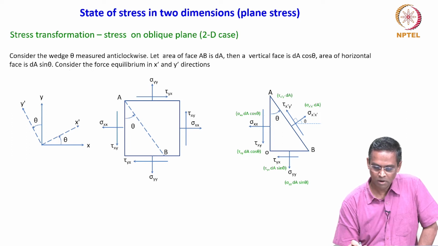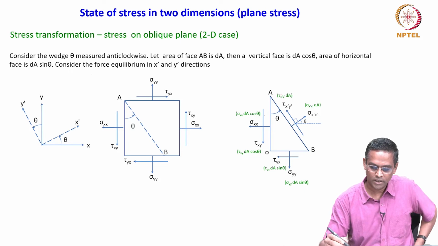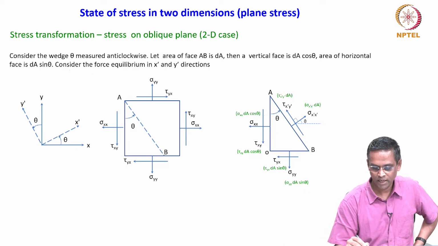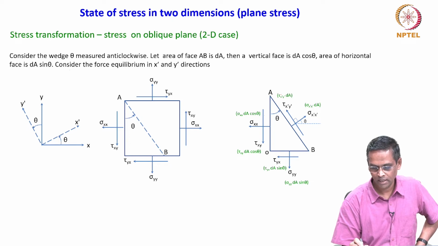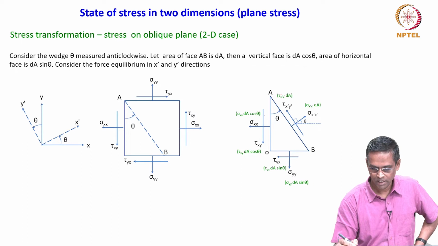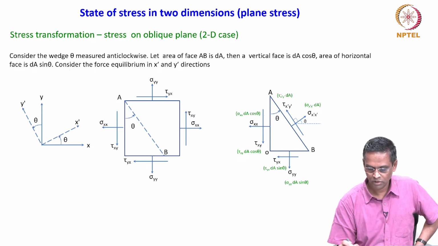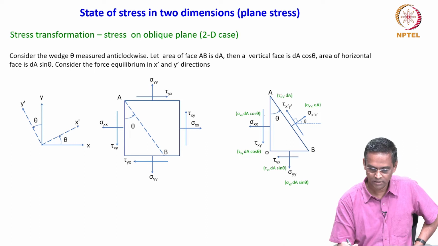So, the sigma x in this direction multiplied by this area will give the force. That is very easy to calculate. A normal stress multiplied by area will give the corresponding force. Shear stress multiplied by area gives the shear force, so we have a normal force and a shear force in this direction and this direction.